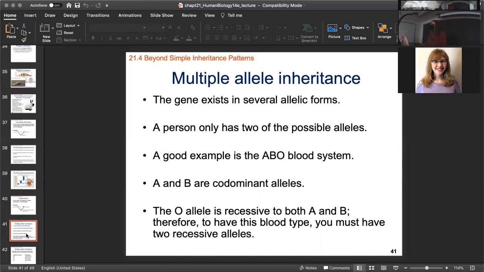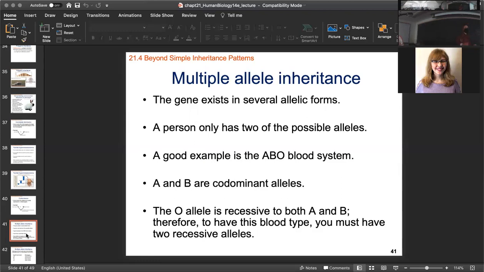We also have multiple allele inheritance. This is a gene that exists in several allelic forms. A person only has 2 of the possible alleles. A good example is the ABO blood system, where A and B are codominant, but then we also have an O. Okay, so multiple allele inheritance, just meaning that in the earlier examples we only had two to take from, right?